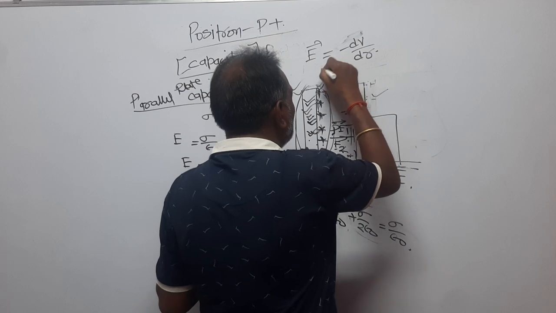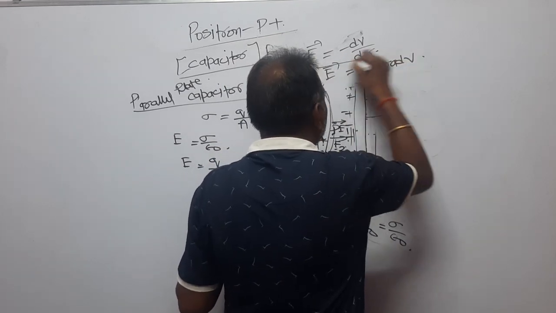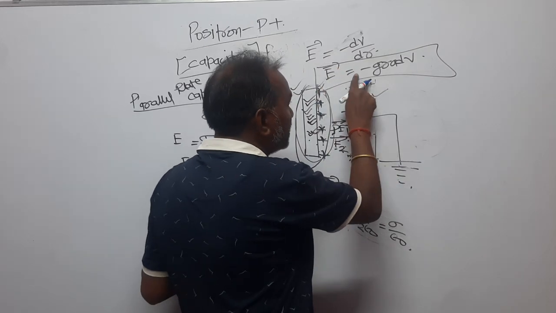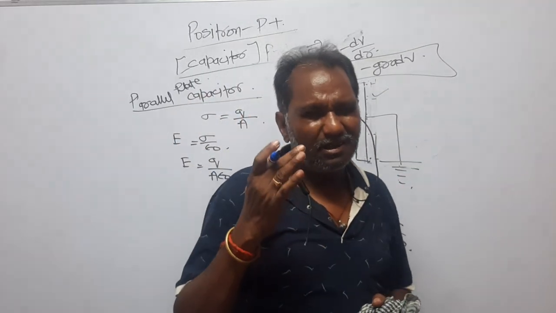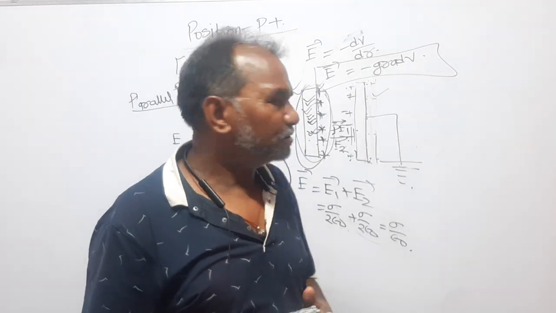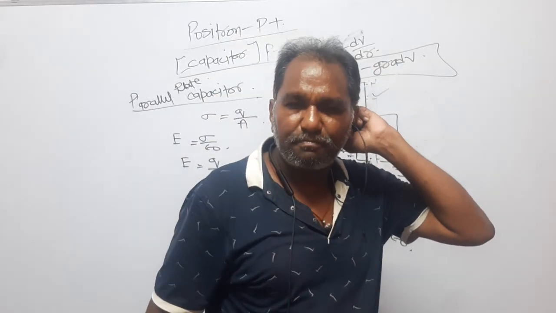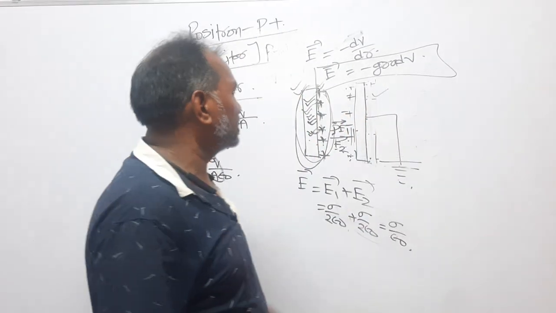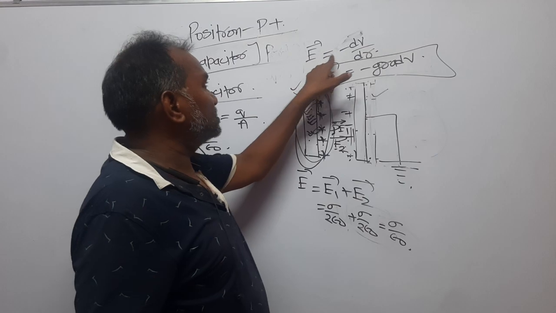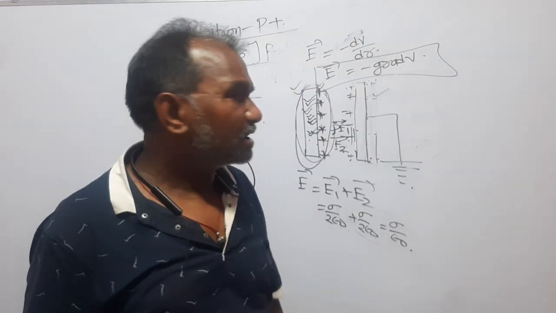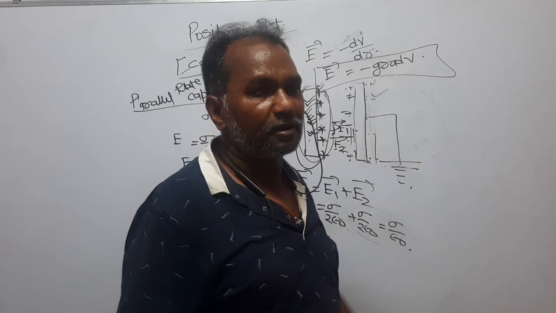Or E is equal to minus grad V. Electric field is defined as the negative gradient of potential. Gradient, in simple language, you can say is the rate of change of potential with respect to distance. You can say it like this: E is equal to minus grad V, or you can write E is equal to minus dV upon dr. Electric field is defined as the negative gradient of potential.